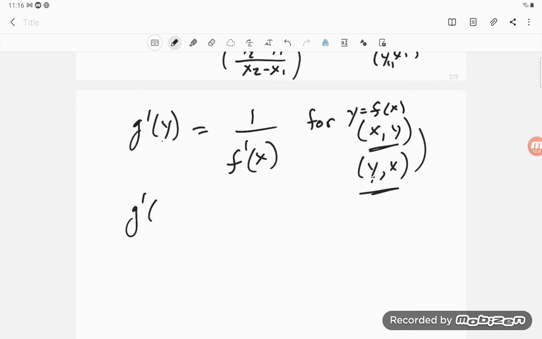But that's kind of hard to make sense of, actually. So g prime of y is 1 over f prime of y.